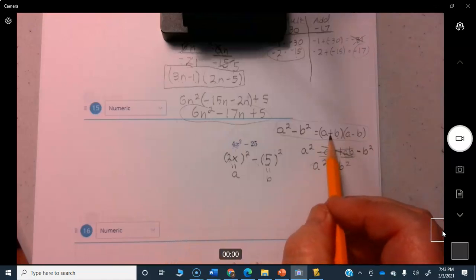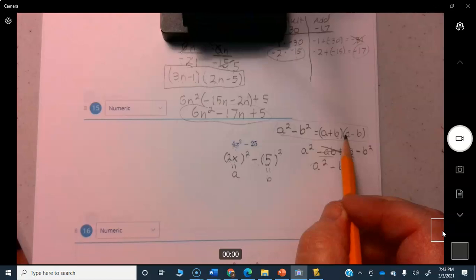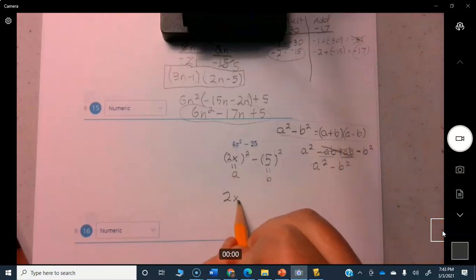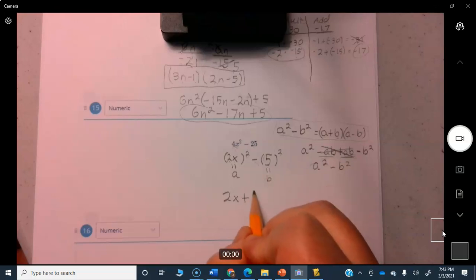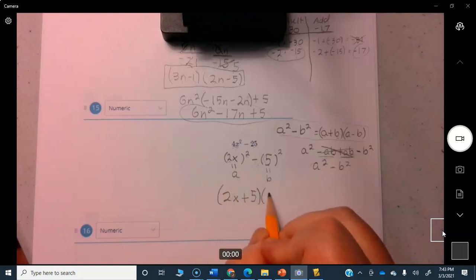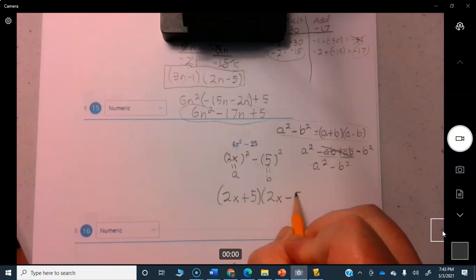So the formula says that's going to be equal to a plus b times a minus b. So here's a, it's 2x, plus b, which is 5, times a, that's 2x again, minus b, so minus 5.